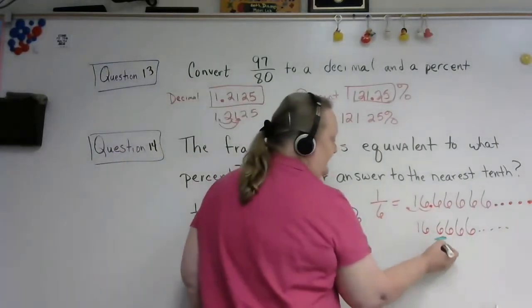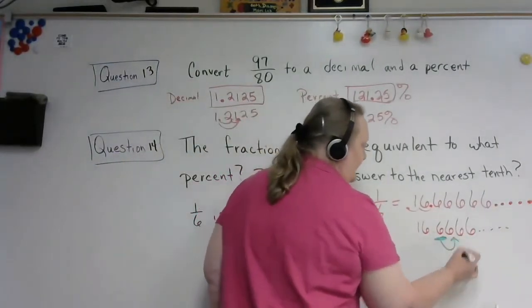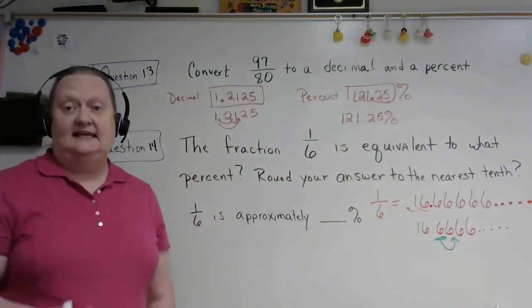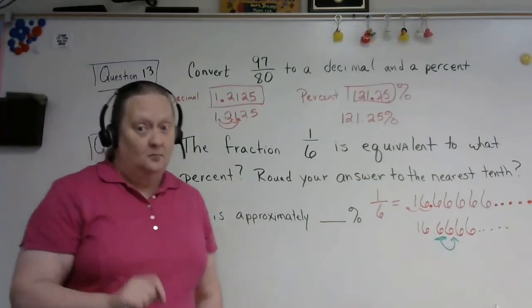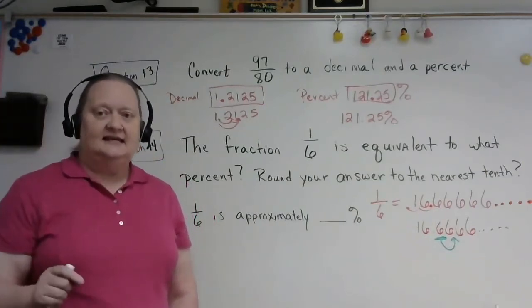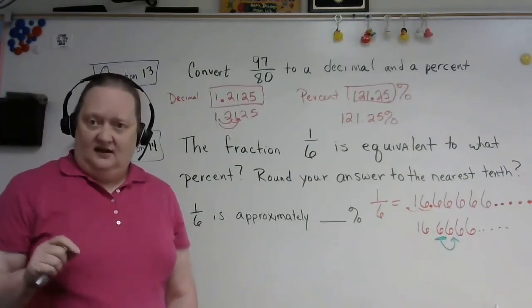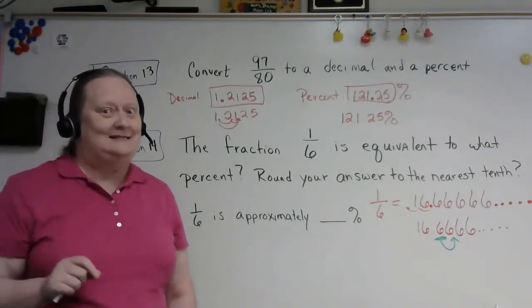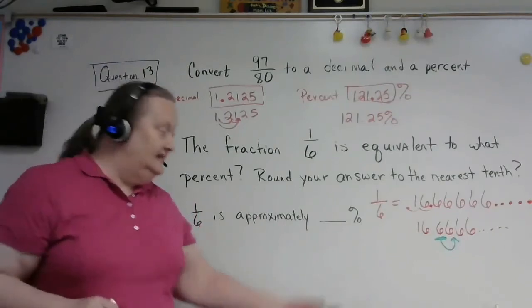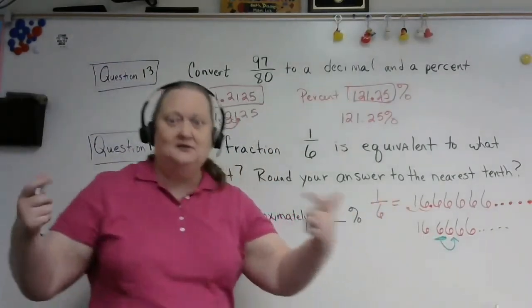So that means here's the 6. The next number following that is a 6. It is 5 or more. And since it's 6, that means we need to round up the digit that we're rounding to, which is also a 6.